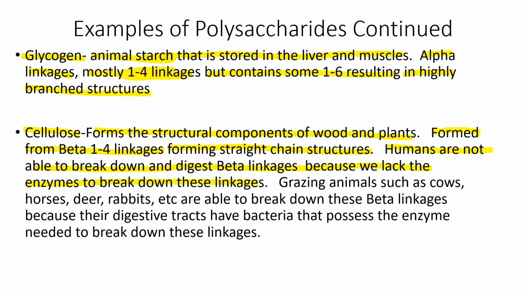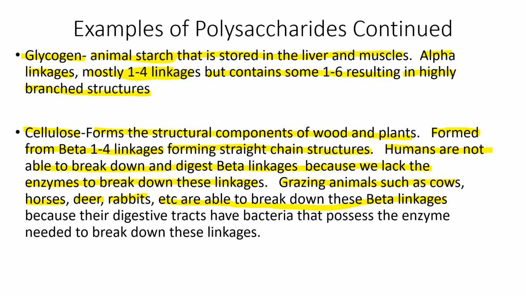But we know some things do eat plants exclusively. Bark, stems, leaves. These are grazing animals. So when we think about grazing animals, things like cows, horses, those are domestic. We can have wild animals as well. Deer, rabbits, kangaroos if you want to get really exotic. They are able to break down these beta linkages.